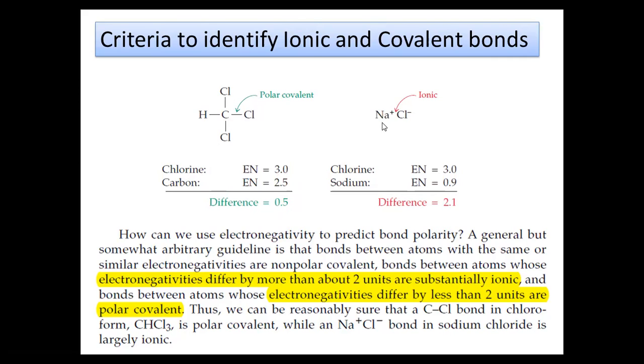And here, in the case of sodium chloride, the electronegativity of chlorine again is 3 and that of sodium is 0.9, and 3 minus 0.9 is 2.1. So you can clearly see over here there is a large difference in electronegativity between the two molecules: one is HCl and the other one is NaCl.